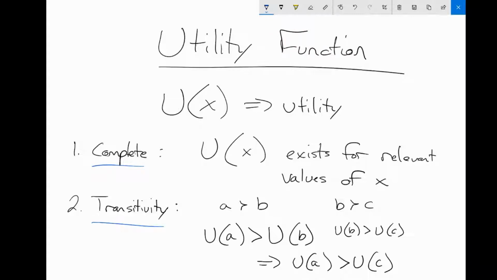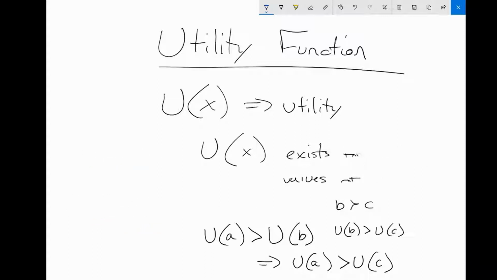All right, so we need a function that is defined, it exists for all the relevant values of x, and a function that satisfies transitivity. Okay, that shouldn't be too hard, but let's go to the next step, and we're going to lay out a little bit more of what this utility function needs to be able to do.